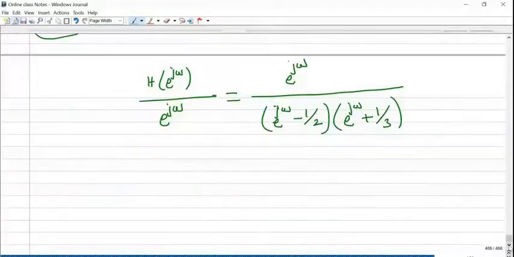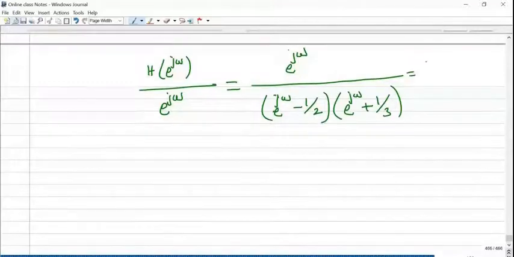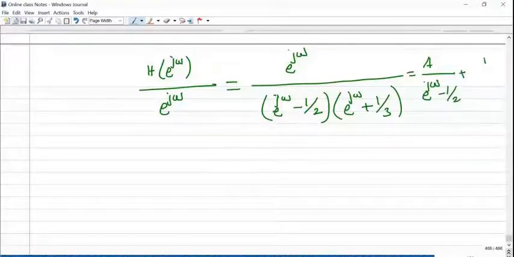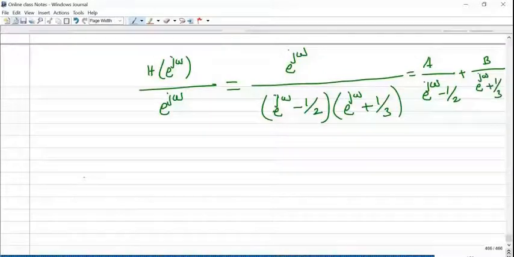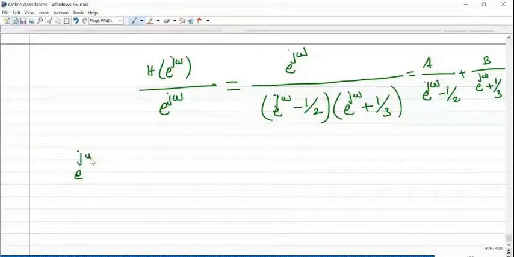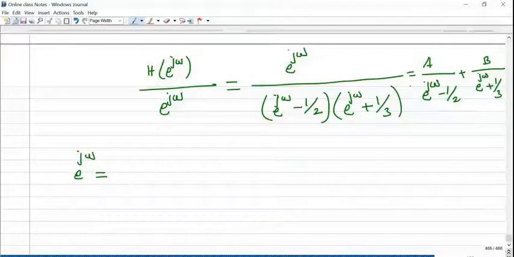Now the usual procedure: A by e power j omega minus 1 by 2 plus B by e power j omega plus 1 by 3. So partial fraction, with e power j omega on the left side. Bring all this denominator term to the right side, then it will be multiplied with the first term and the second term. So what is the result?